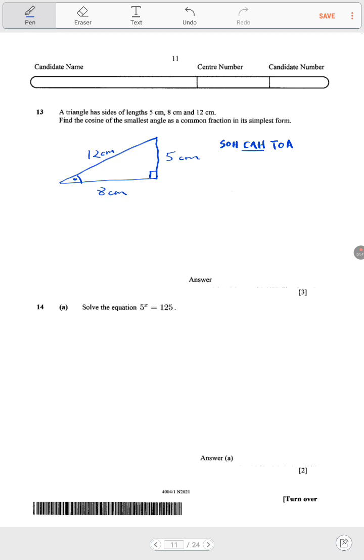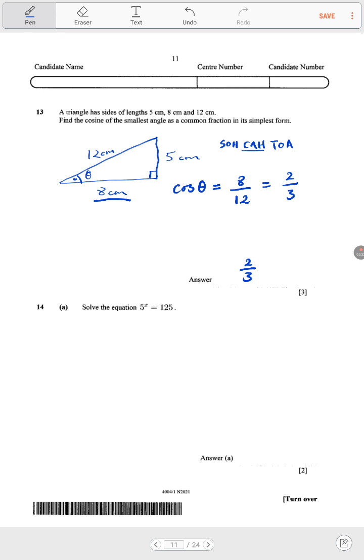So if the smallest angle is theta, then cos theta is equal to adjacent over hypotenuse. 8 is the adjacent and 12 is the hypotenuse, and 4 into 8 is 2, and 4 into 12 is 3, and our answer is going to be 2 over 3.